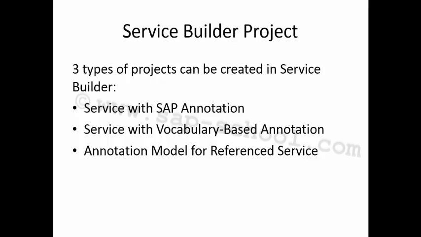We can also define facets like nullable, default, maximum length, fixed length, precision and scale, and the ABAP type information available includes the ABAP field name and the ABAP type editor. So basically we choose the service with SAP annotation if we want to annotate the data model artifacts using the standard SAP annotations.